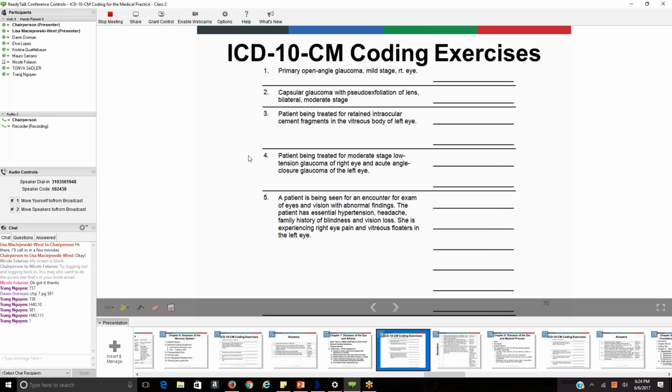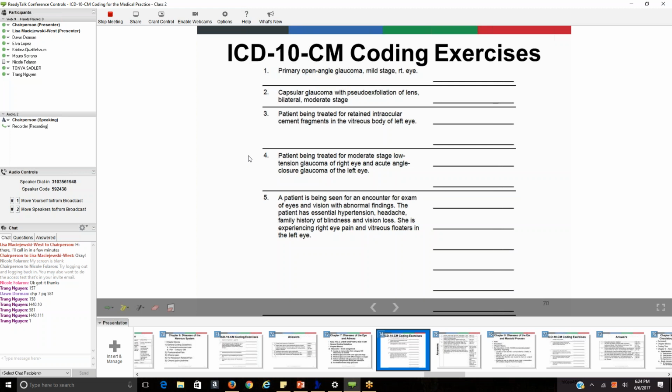So in this case, it's primary open-angle glaucoma of the right eye, H40.111, mild stage, and so that's going to be a 7th character of a 1. So it's going to be H40.1111.